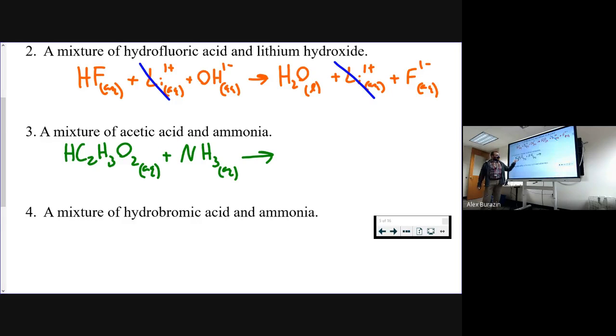Now, you might be asking yourself, well, there's one there, and then there's 3 more later. Okay, this throws people for a loop. When we write out formulas for acids, only the hydrogens out front are what we call acidic. This is an acidic hydrogen. In other words, this is a hydrogen that can be dissociated, or this is a hydrogen that can be donated.